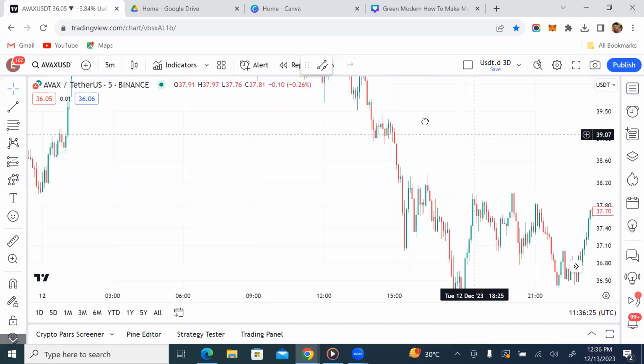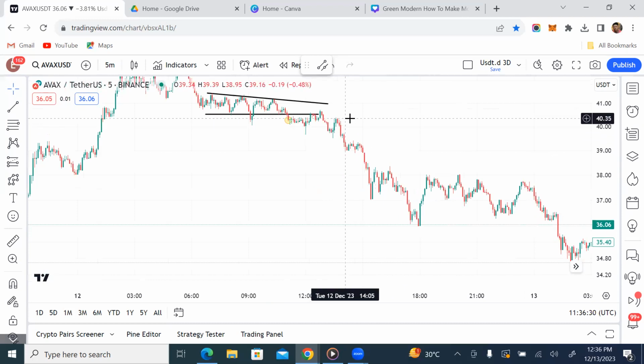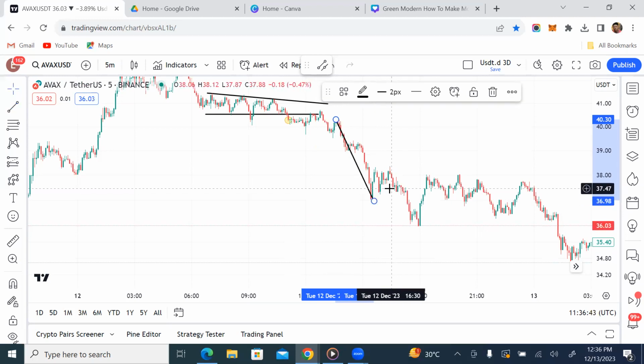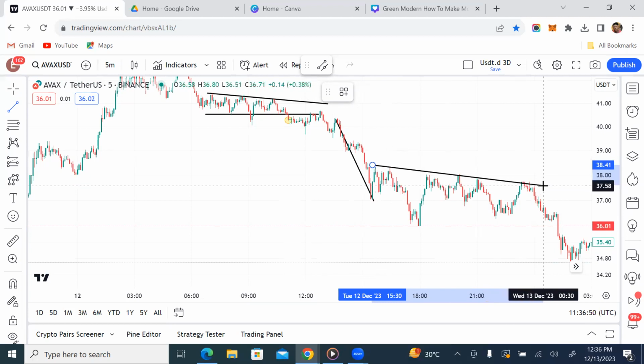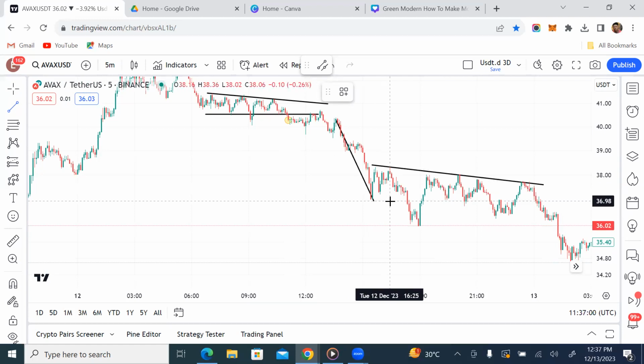Now, it's the same thing that happened here again. Look at it. We have an impulsive move to the downside, and then another move to the downside. And then we formed a range, a classical range. And guess what, guys?